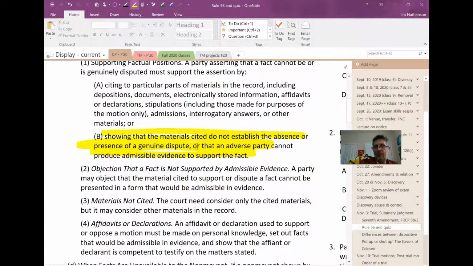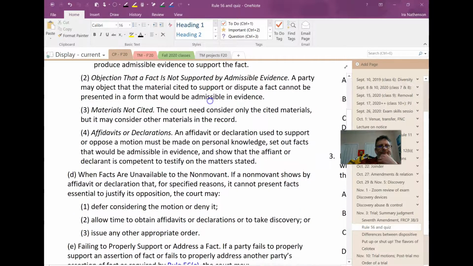They've got nothing on this necessary element of their claim, or whatever they have is not admissible, and they can't produce any admissible evidence that will let them win. Or you could combine the two. You can either put forth your own materials, or point out that the other side's got nothing, or do both: use your own affidavits and say that the non-moving party has nothing. We'll talk about that more in a little bit.